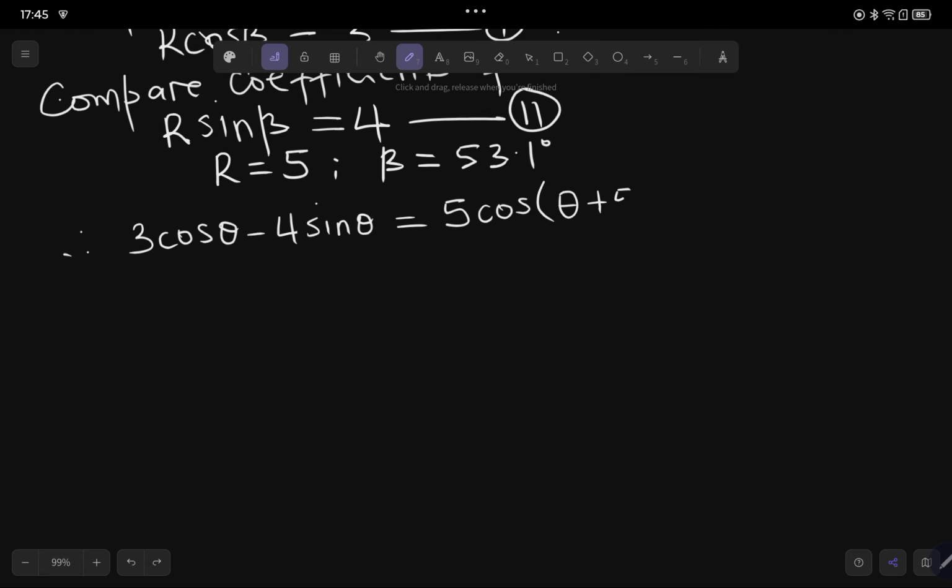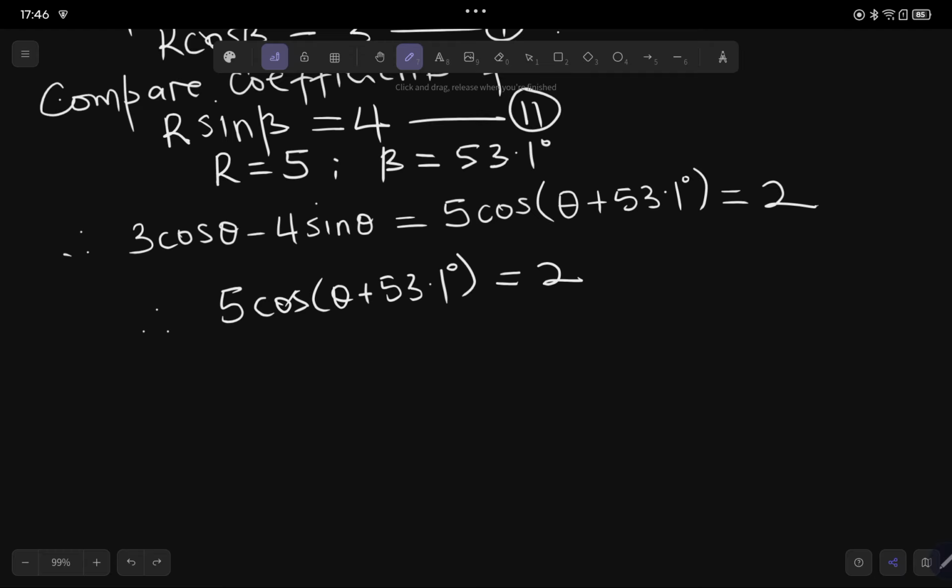Now I'm going to use equal signs because I have found the value of r and the value of beta. From how we had simplified, this expression on the left was the same as 2. So therefore, 5 cos of theta plus 53.1 degrees is equal to 2.